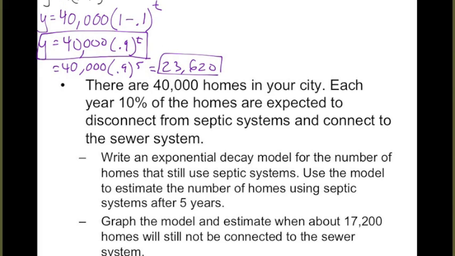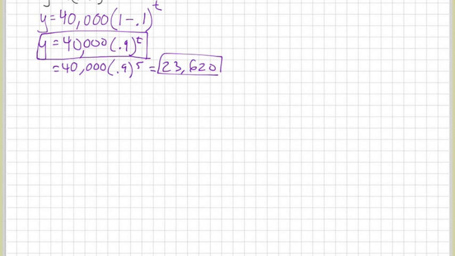Second part wants us to graph it and use that graph to find when we're going to have a value of 17,200. So we're going to use some guess and check in the chart to try to find that value while we're creating our graph. So again, it doesn't make sense to talk about negative time or negative houses, so we're only working in our first quadrant.